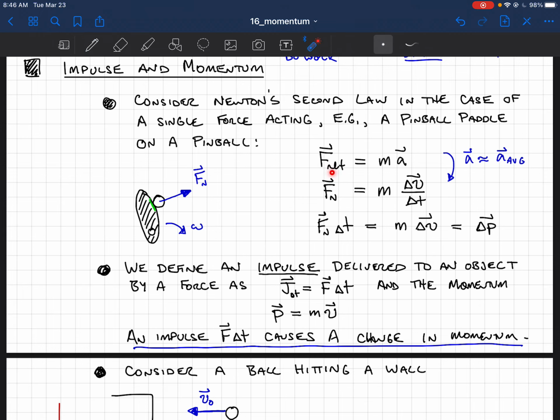It comes out of Newton's second law. It's just a different way of describing Newton's second law. And it has to do with the fact that when an object is in contact with another object, there's going to be a force, but that contact remains over a period of time, and so a force applied over time gives you an impulse, and what that means is it changes the velocity of the object.